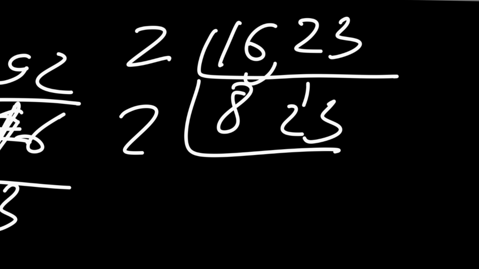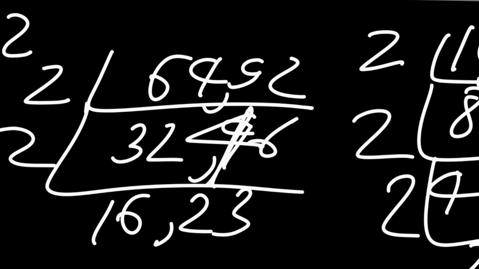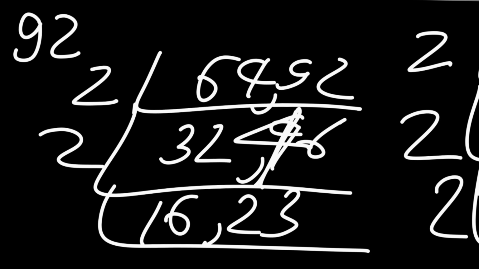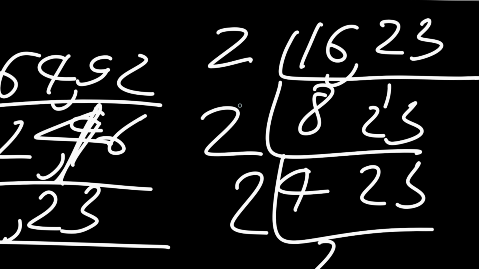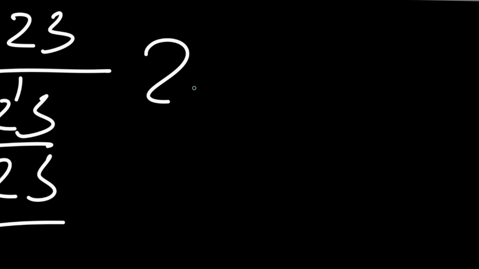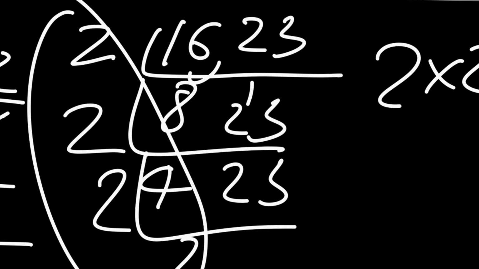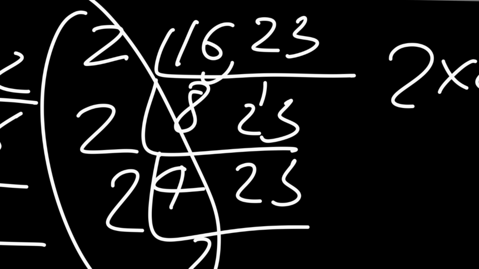And yeah, we cannot divide 32 and 23 anymore, so yeah, this is a really long question, but we can do this. Now what we do is bring out the outside numbers. You don't have to worry about duplication, so it is really easy.